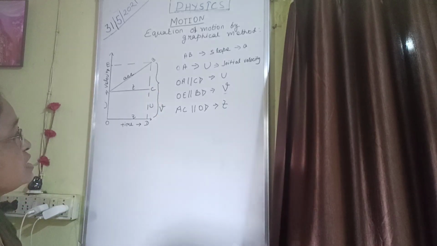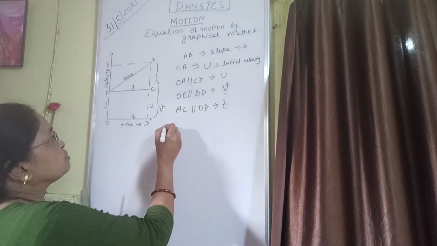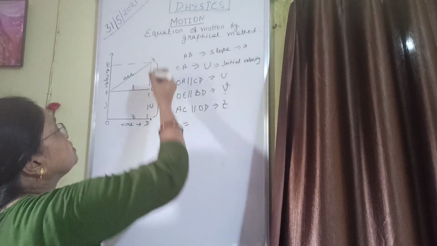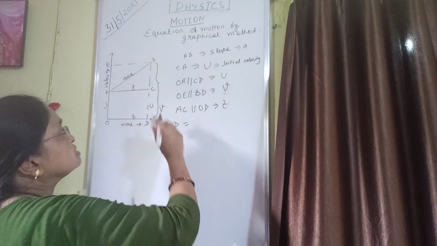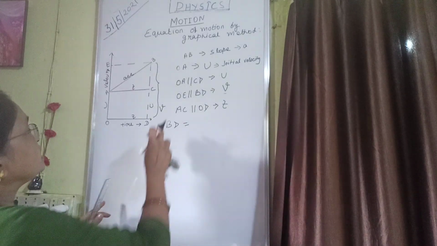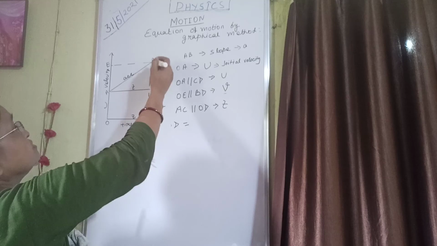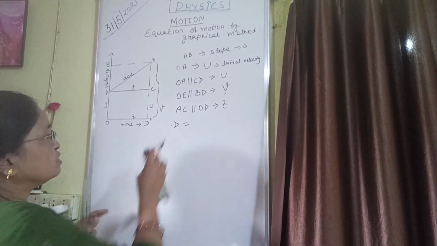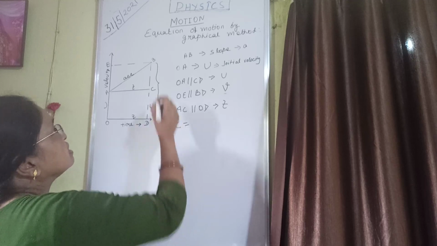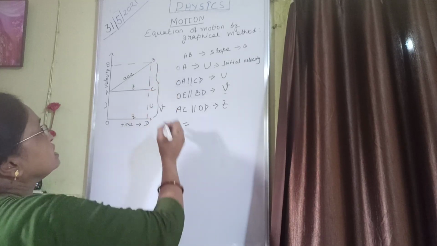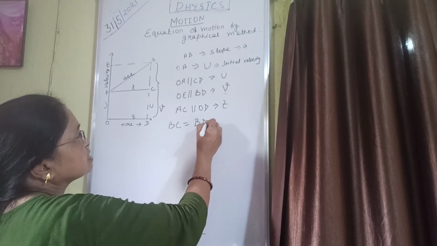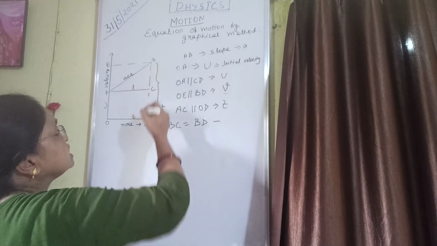So for this, we don't have BC. We have to find out BC. So what we are writing? BC is equal to, may I write, BD minus CD.